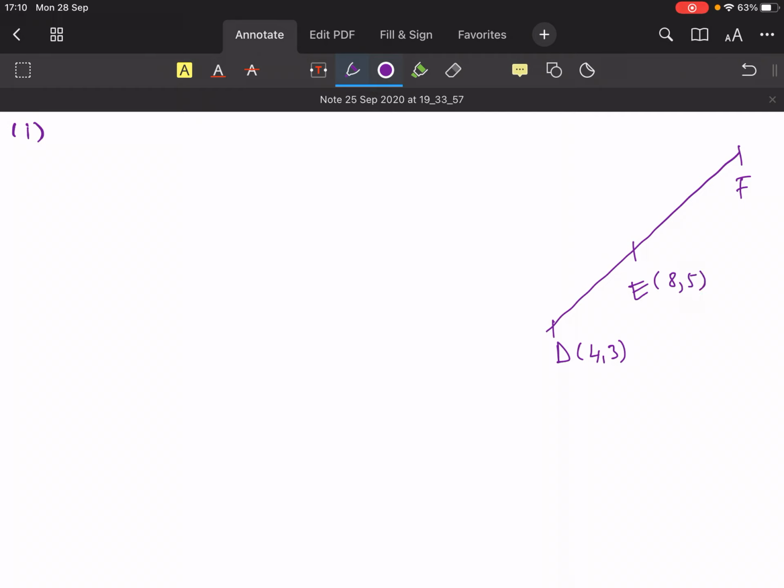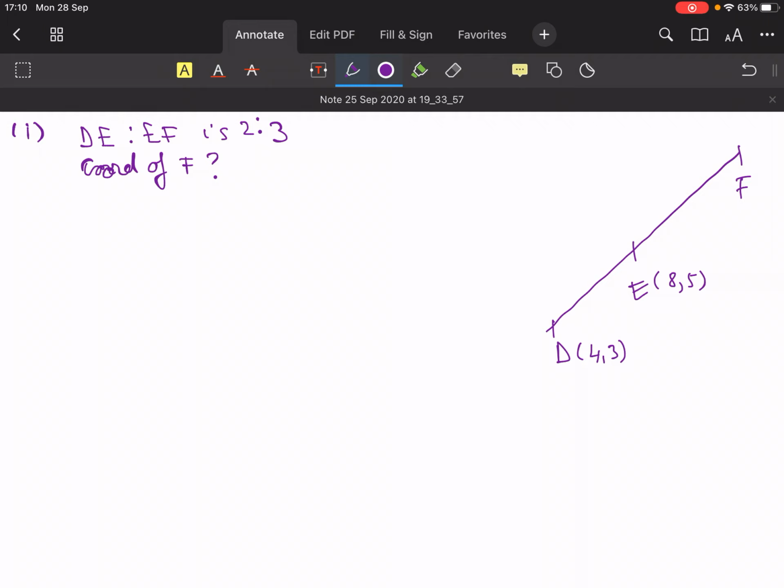And it says nothing for F, but it gives me the ratio of the line. So it says that the ratio of DE to EF is 2 to 3, and it's asking me for the coordinates of F. So coordinates of F, that's what I'm trying to work out.